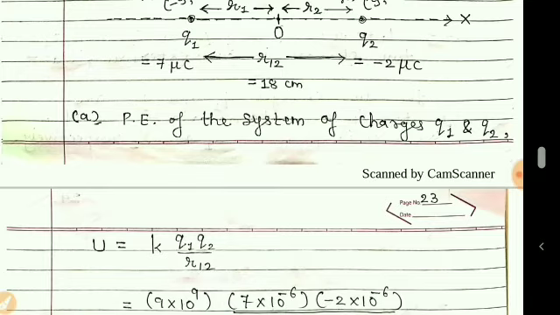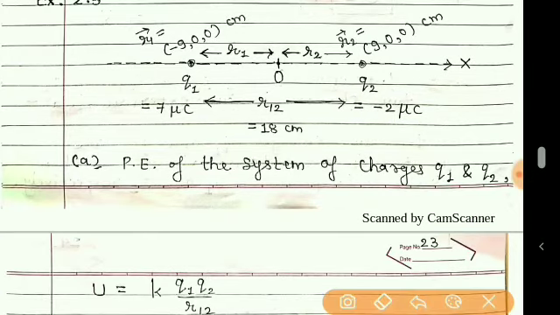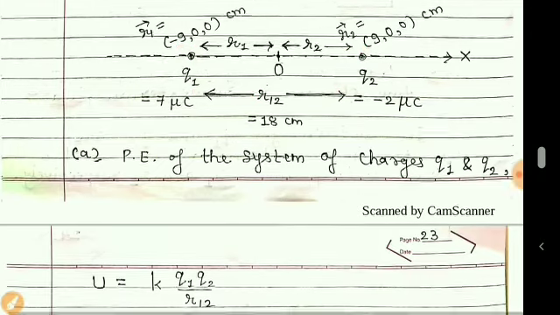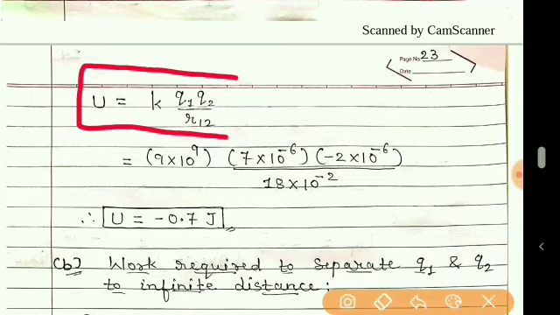Here we want to find first the potential energy of the system of the two charged particles. Whenever there are two charged particles separated by some distance, this system of two charges will have the potential energy which is given by U is equal to K Q1 Q2 upon the distance between them, that is r12 here.